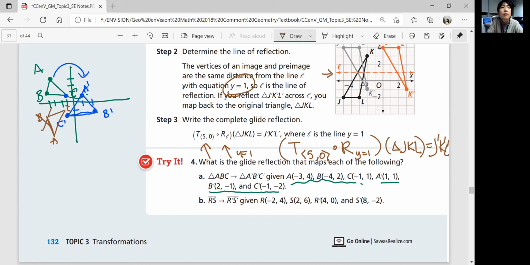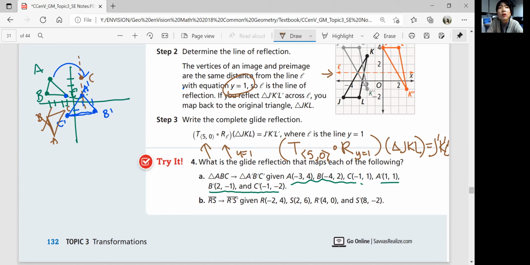So you have to reflect vertically. So you want your A point to be at the same x, to have the same x values, right? So you want 1 as your x value, okay? That is the same height of your pre-image.